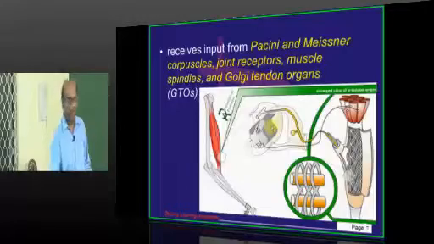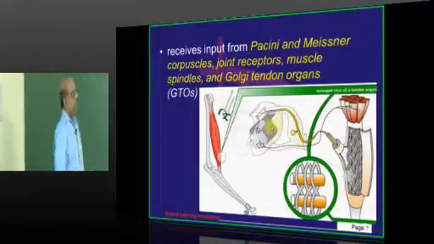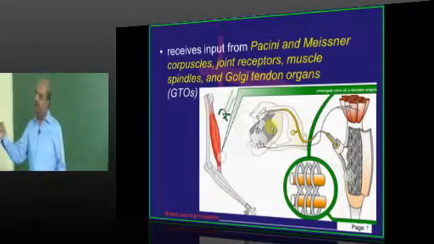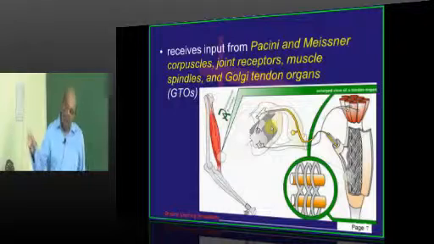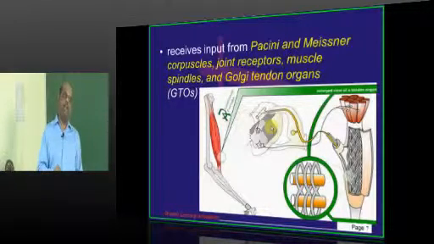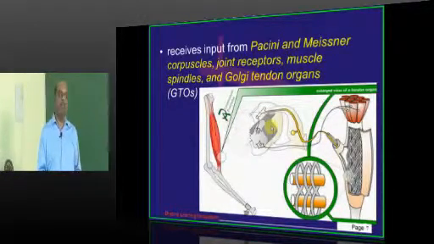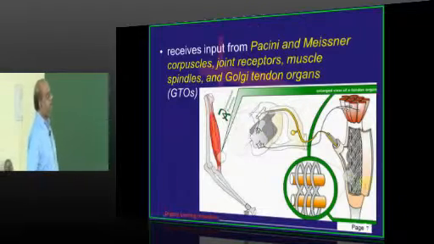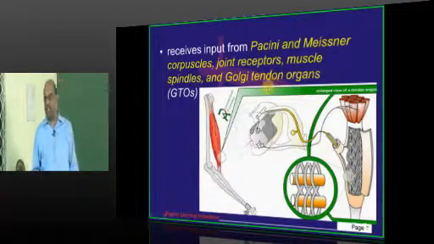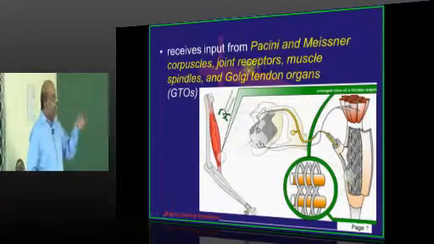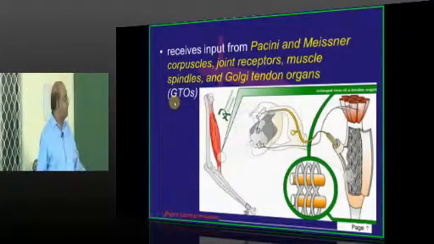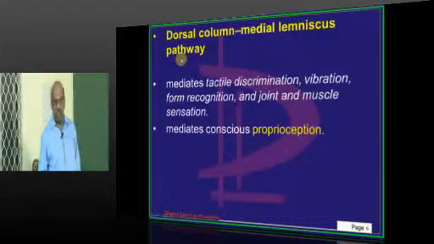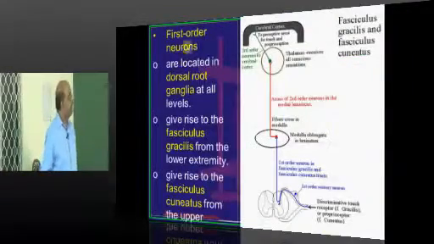Earlier we mentioned it. Then, what are the end receptors from where this information of proprioception, touch, discrimination, fine touch, everything will come, doctor? Pacinian corpuscles, Meissner's corpuscles, joint receptors, muscle spindles, Golgi tendon organs, they all ultimately merge into the dorsal column.